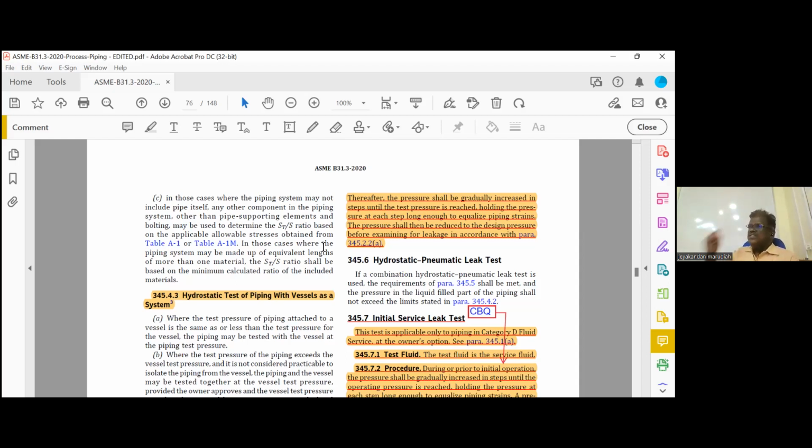What should be the set pressure of this? Your pneumatic test pressure plus 50 psi or 10%, whichever is less. Okay, read it 2-3 times. And sometimes, if you want to go for a pneumatic test, the maximum pressure allowed is 1.3 times the test pressure. So these are the key points you should know in testing.